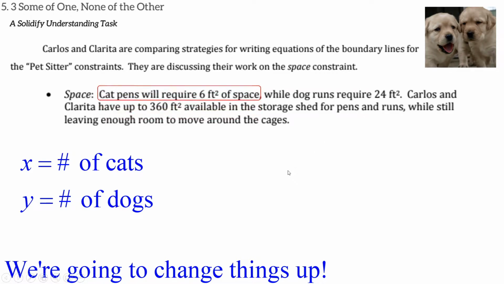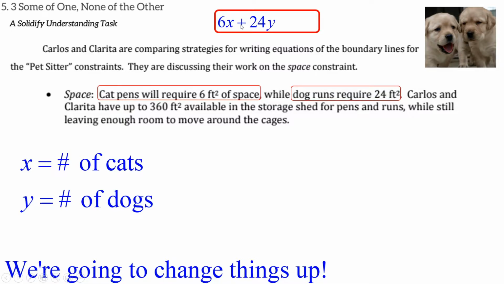All right, cat pens will require 6 square feet of space. Well, x is the number of cat pens, so let's do a little inequality up here. We're going to go 6 times x, 6 square feet per cat pen, while dog runs require 24 square feet, so that would be plus 24y.